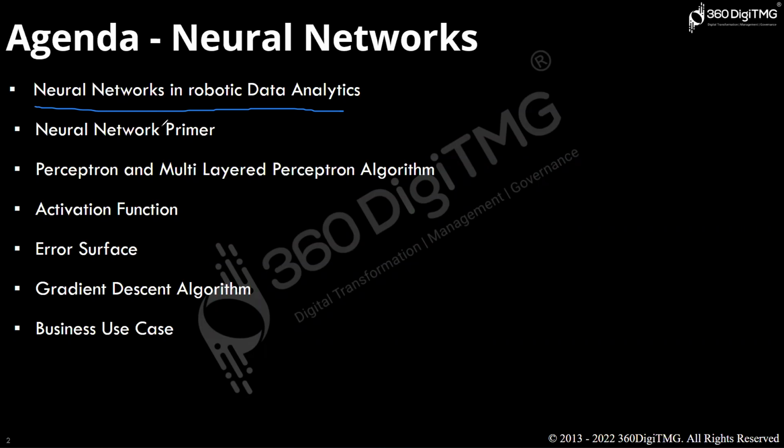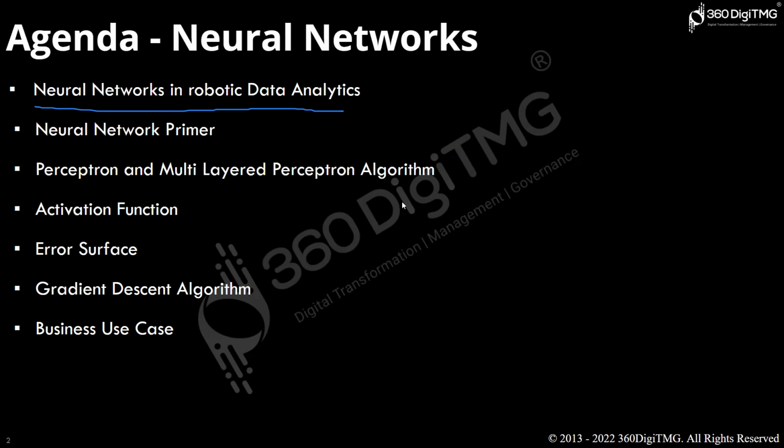So neural network primer. What is this neural network primer? The question arises, sir, is the neural network primer the same? So guys, a neural network primer is a primer that introduces fundamental concepts used in neural networks and deep learning. We have seen it, right?